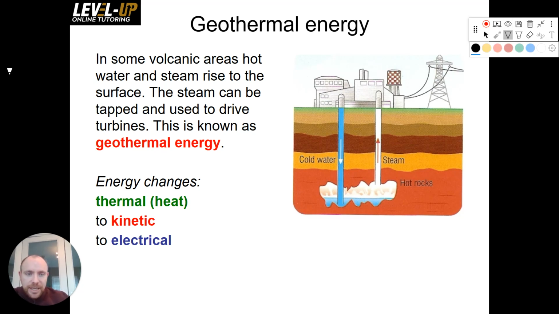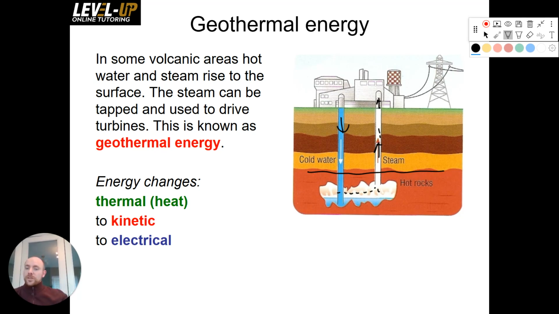So where the Earth's crust is very thin, you have this hot magma or hot rocks quite close to the surface of the Earth. And if you force down cold water, that water is going to get heated. As a result, it's going to produce steam, and that steam at high pressure is going to be forced up into the power station, and that steam, that moving steam, is going to turn the turbine and turn the generator.